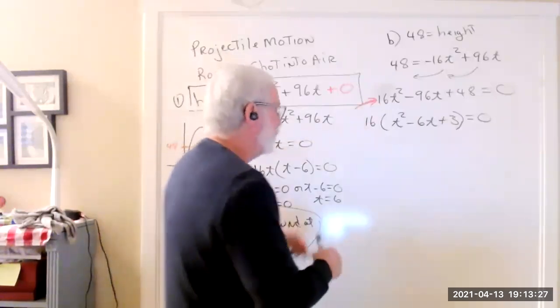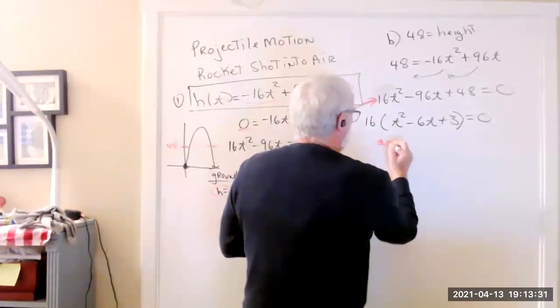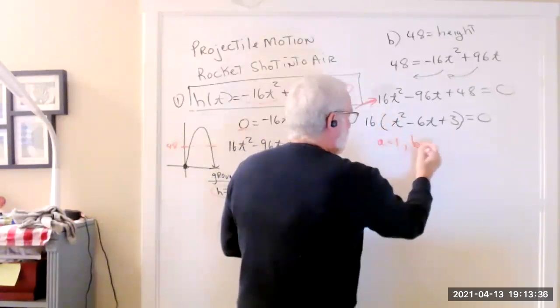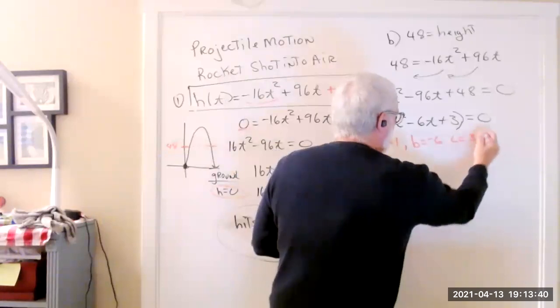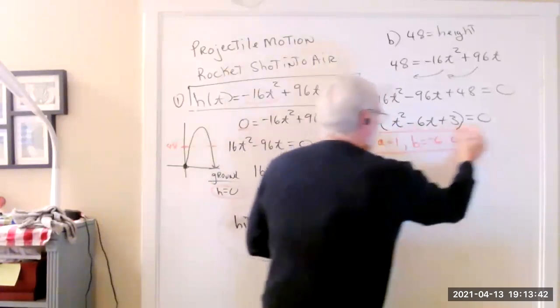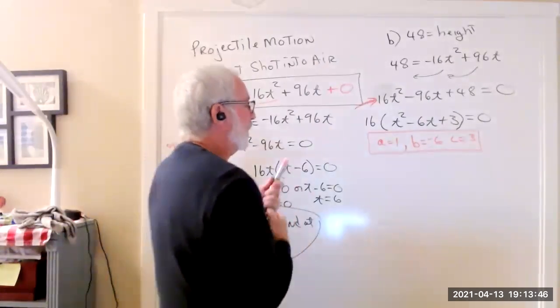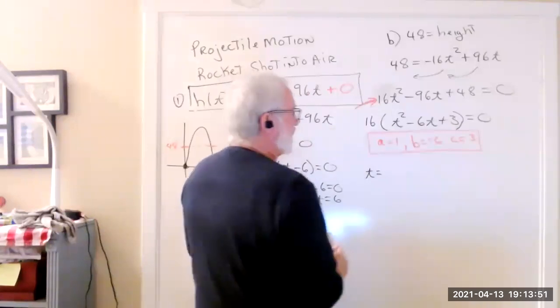All right, so to use our quad formula, we know that a is worth 1 because a is the number in front of t squared. B is worth negative 6. C is worth 3. Okay, so we're not solving for x, we're solving for t, time.